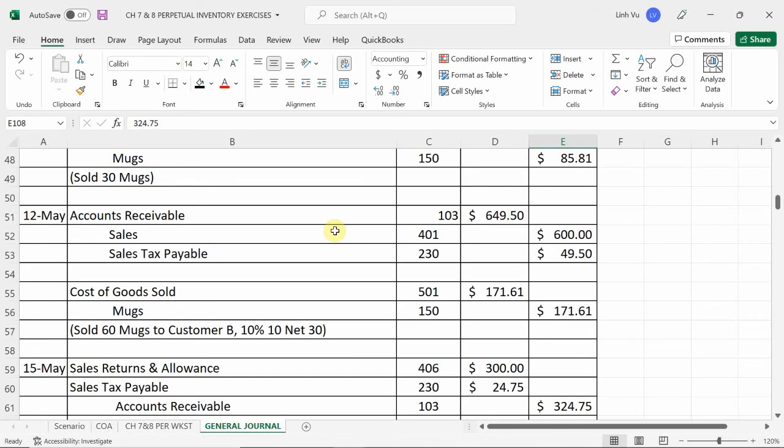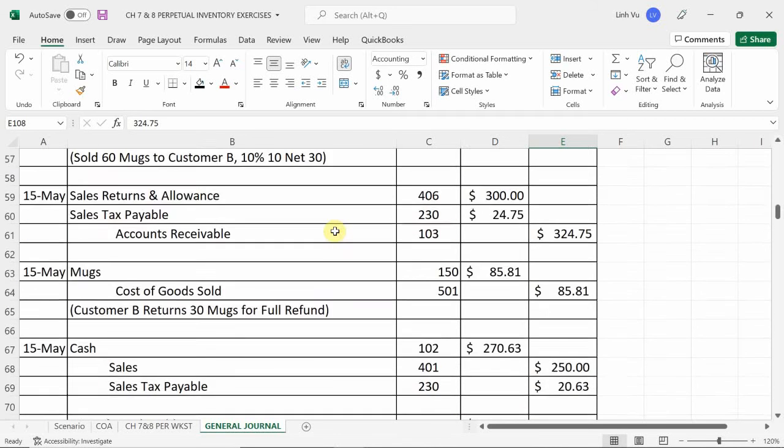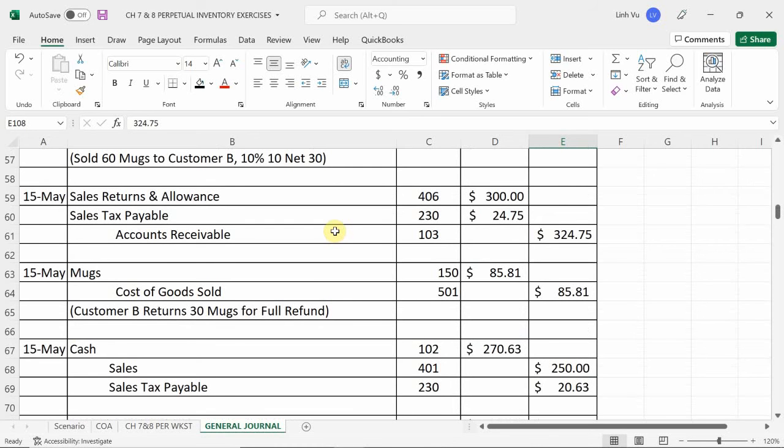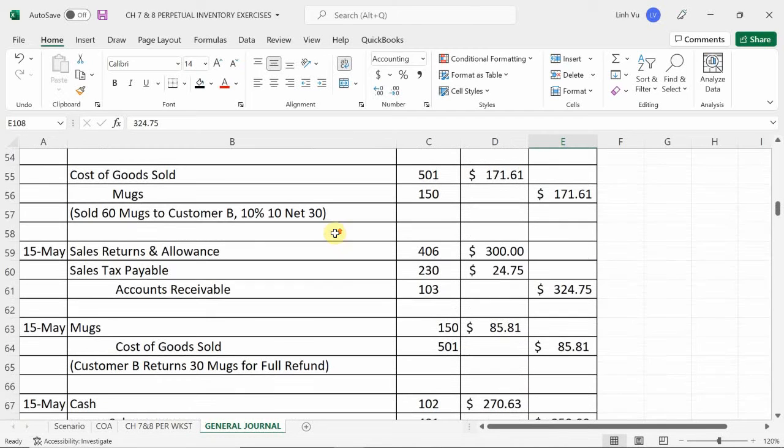But customer B returned half of those, 30 mugs. So how many mugs did we actually sell to customer B? 30. And how much is the discount we're giving them? 10%. Good.